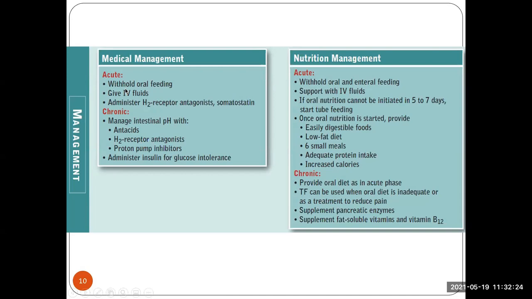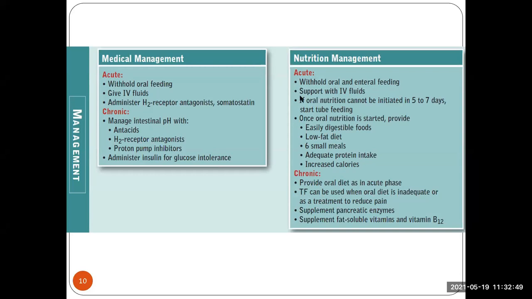So in case of medical management, if the problem is acute pancreatitis, oral feeding is withheld or stopped, and intravenous fluids are provided in the form of dextrose, pure amino acids, and similarly triglycerides.